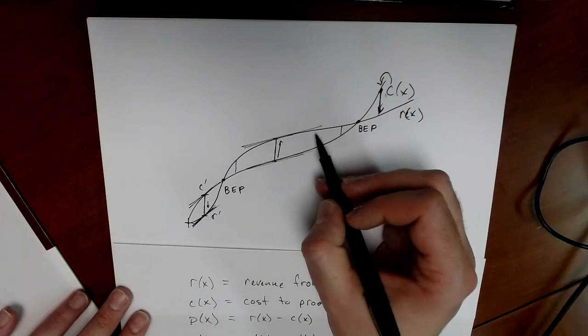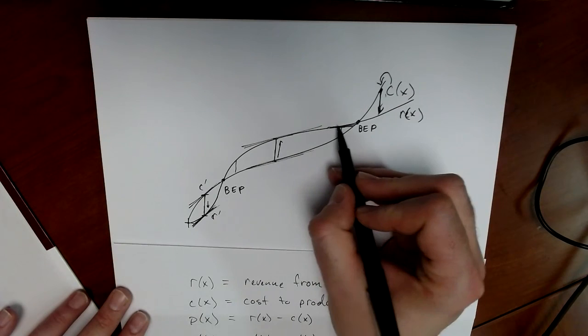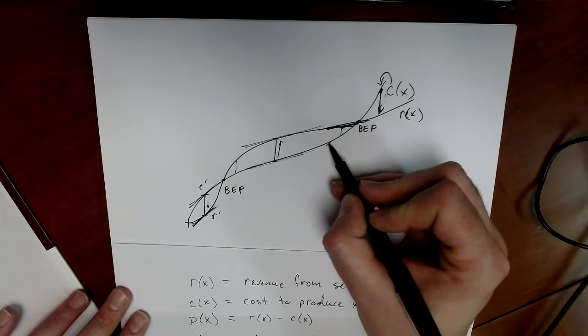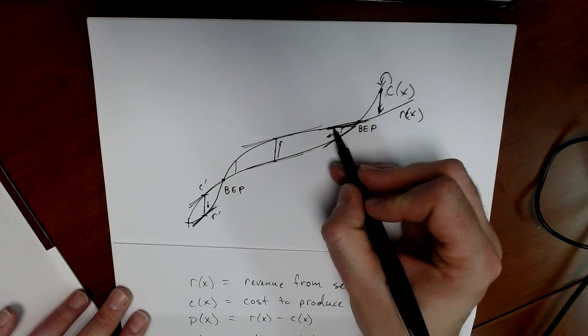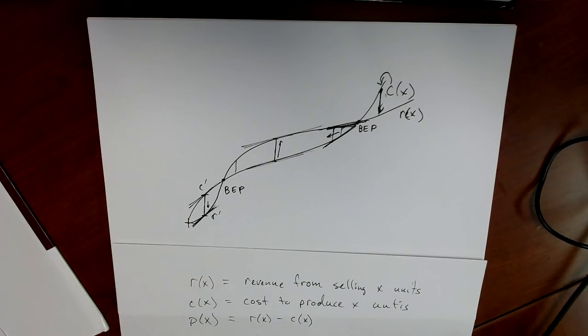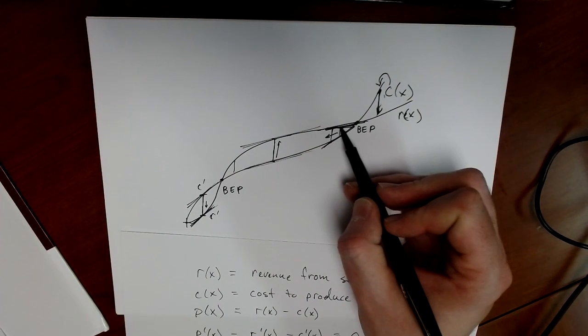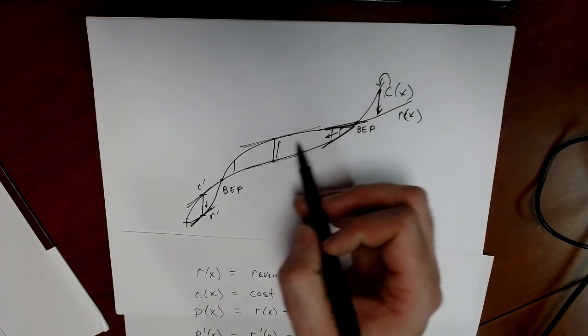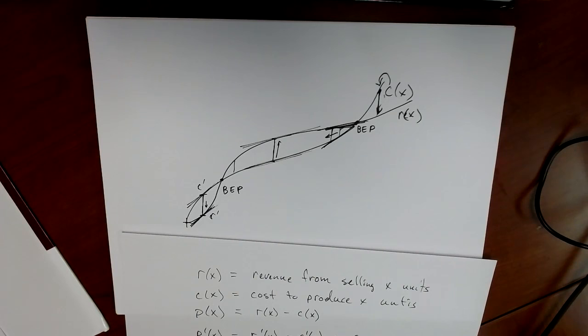If they aren't, for instance at this point, you get a tangent line here that looks like this and a tangent line there that looks like that, which means that if I move this way, I'm guaranteed to get a larger profit. I don't know which one's the maximum, but I can get a larger profit by moving away from that point if they're not parallel. And so that's why the tangent lines in your cost and revenue functions will be parallel at any given max or min.